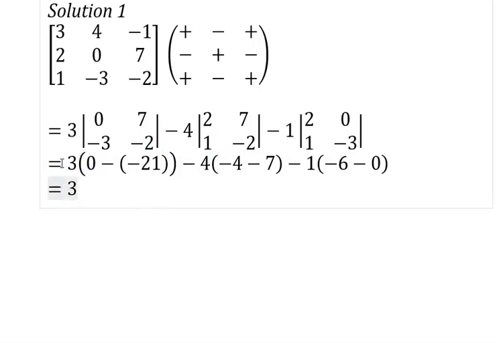We have 3 outside. Awesome. Now this minus times minus here will give us plus. Minus times minus here will give us what? Plus. So we have 0 plus 21 there.